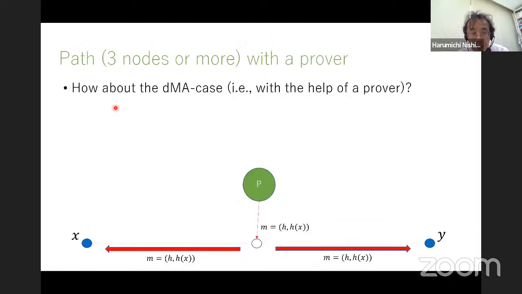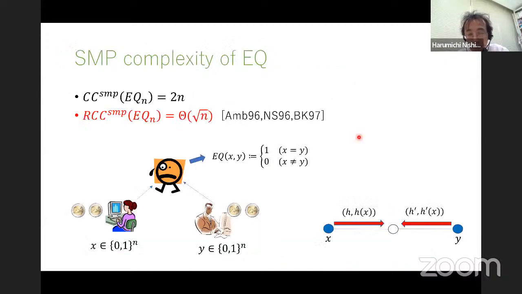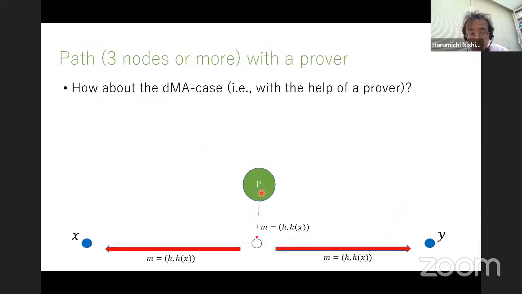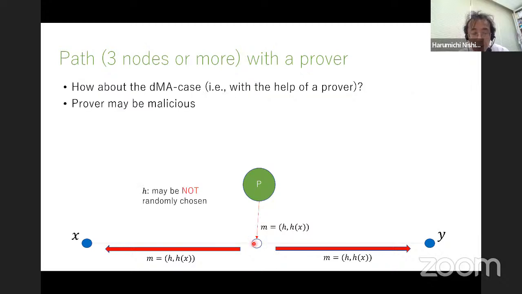Now, how about the DMA case? In the previous case, we didn't consider any prover. Now, if we consider the help of a prover, for example, this node sends the hash function and hash value, and the central node sends the message to both ends. This seems to work. No, because the prover may be malicious.